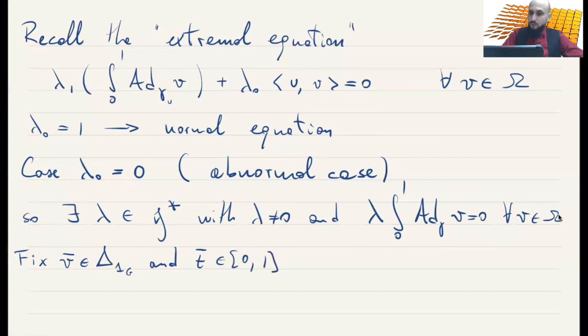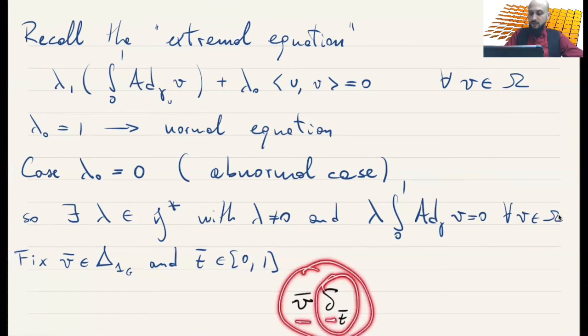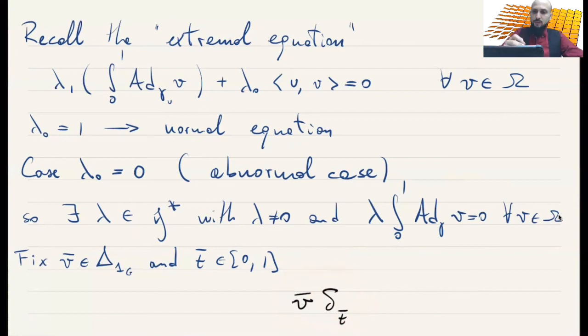And what I would like to do is consider the distribution given by the delta function, v bar delta, at the time t bar. Okay, so this is a distribution, a mass measure. So this is not a function in L2, but we can approximate.